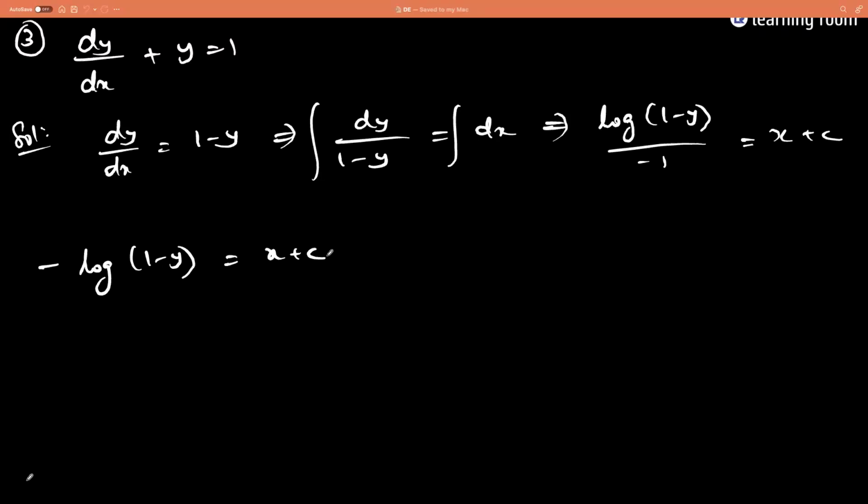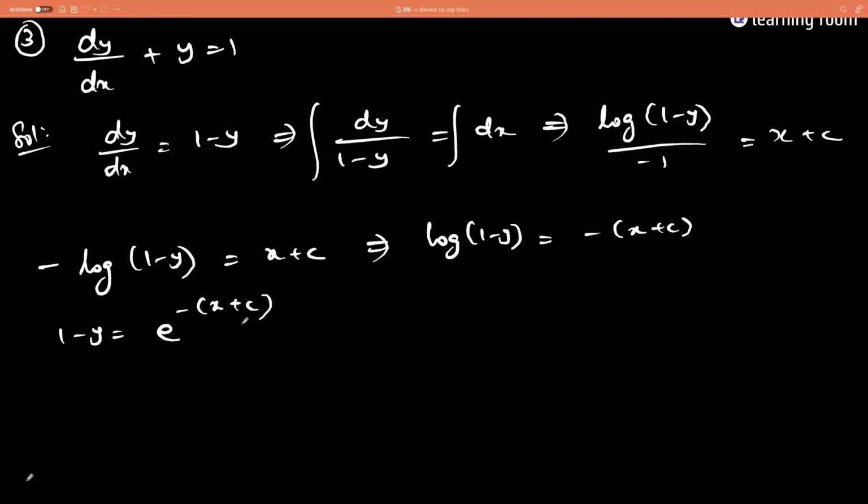This can be written as log of 1 minus y is equal to minus of x plus c, then 1 minus y will be equal to e power minus x plus c. So 1 minus y is equal to e power minus x into e power c.